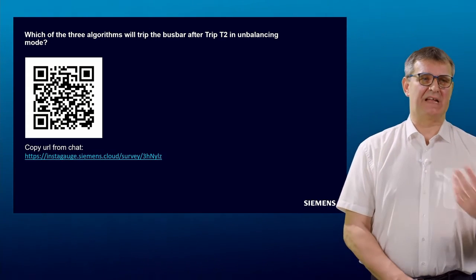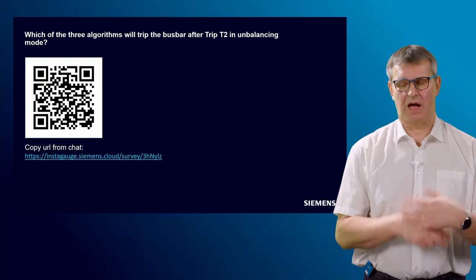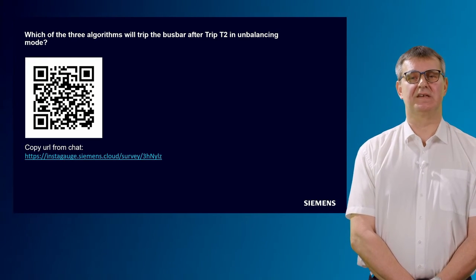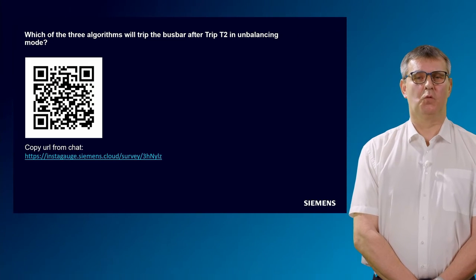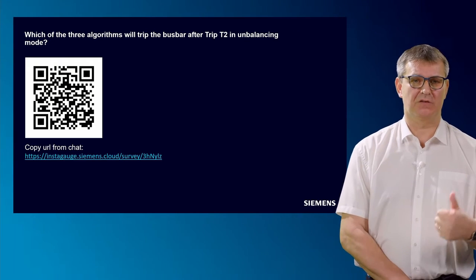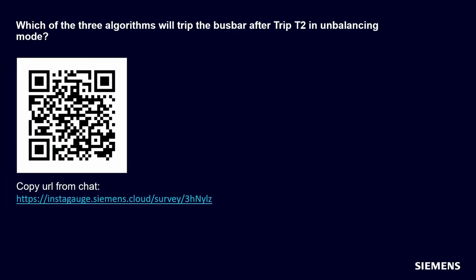If we have this unbalancing mode, so we are unbalancing the feeder current and the circuit breaker failure protection is in the unbalancing mode, which of the three algorithms, the 1 out of 1, the 2 out of 2, or the filter algorithm, will trip after the unbalancing, after the trip 2 in unbalancing mode?